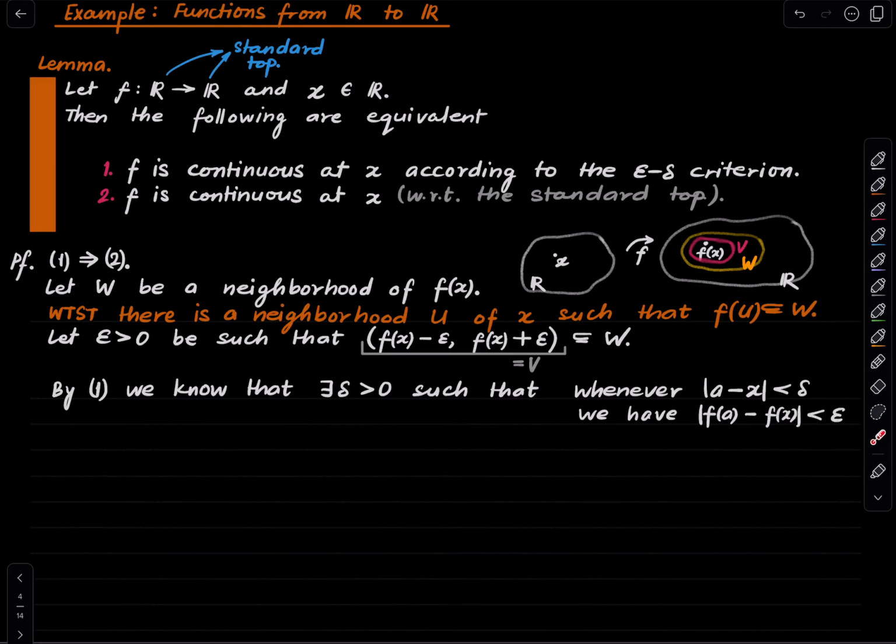Horrible choice of notation, but I hope you understand. Whenever we have a real number a which is less than delta distance from x, the image of a is less than epsilon distance from f(x). Maybe it's better to call it x prime. That's a little bit better notation.